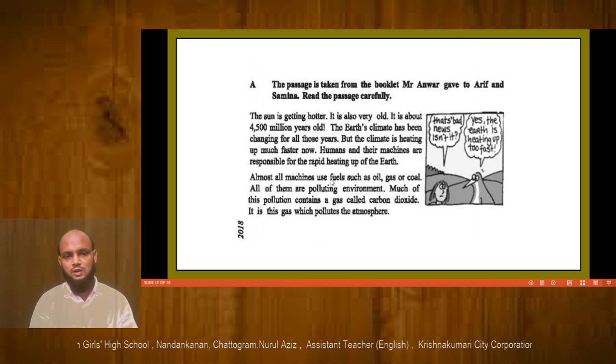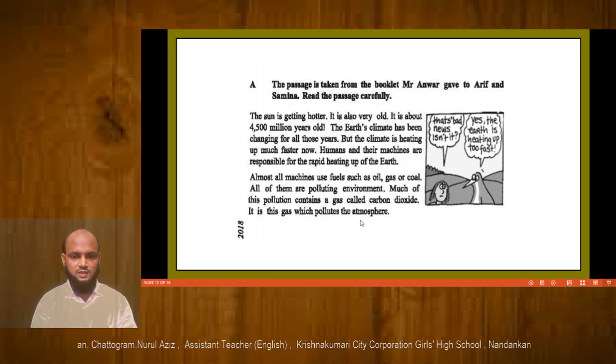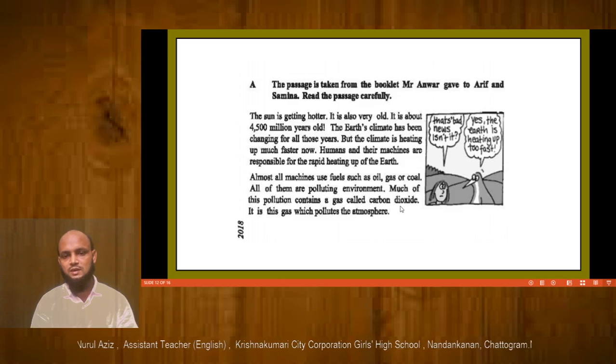Almost all machines use oil, gas, and coal, so it is natural to pollute the environment. And the gas that makes the environment polluted is carbon dioxide, and it is this gas which pollutes the atmosphere.